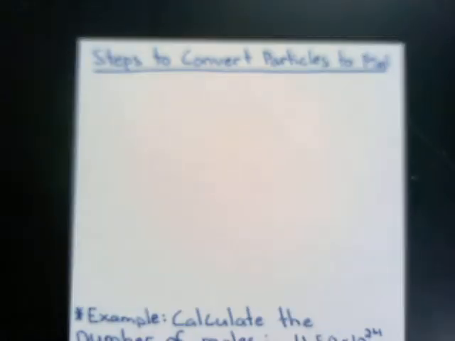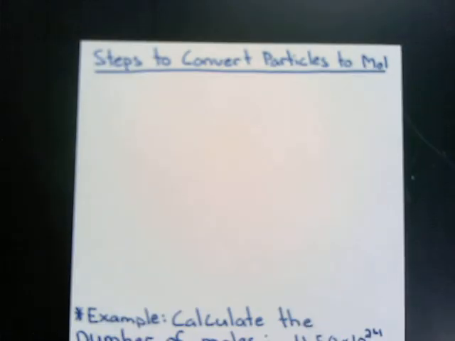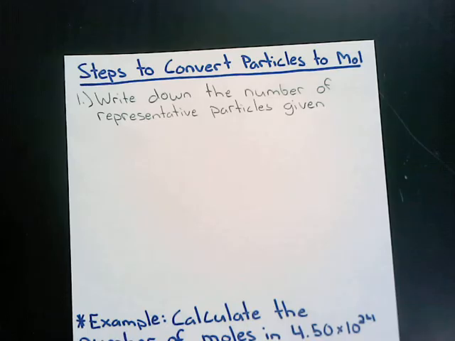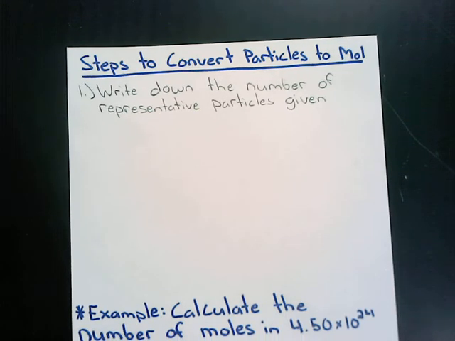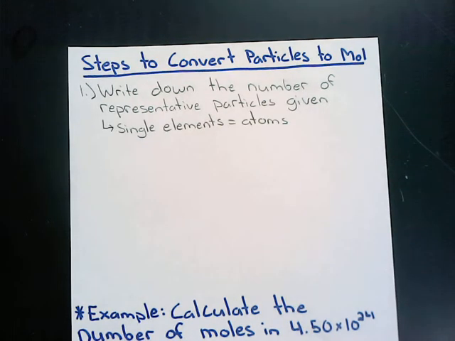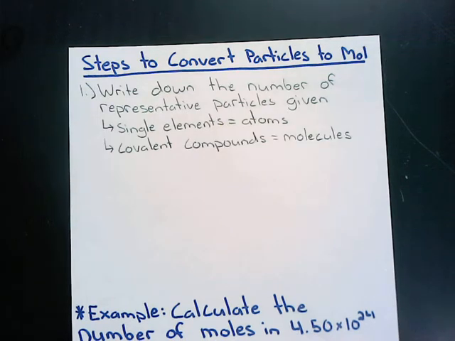So number one, the first step here is to write down the number of representative particles given. And just as a reminder, representative particles, if we have single elements, are going to be in the units of atoms. Covalent compounds are going to be in the units of molecules. And ionic compounds are going to be in the unit of formula units.